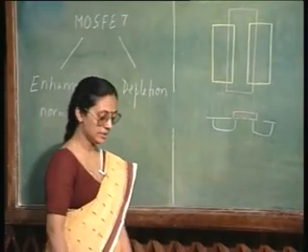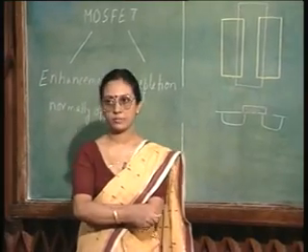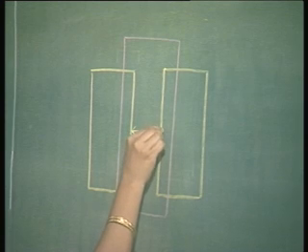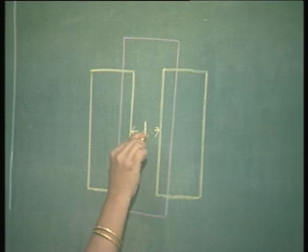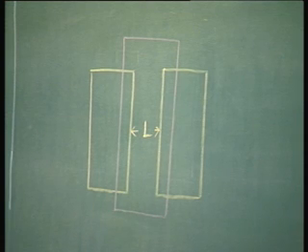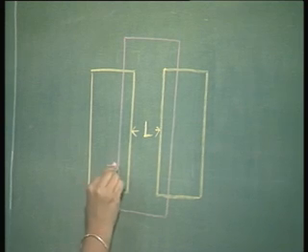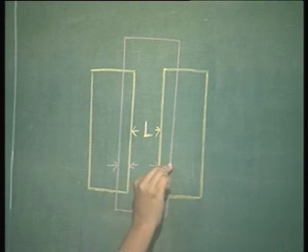First problem is, as we shrink the device dimensions, you see, this is the actual channel length, but I must have an overlap here and also an overlap here.